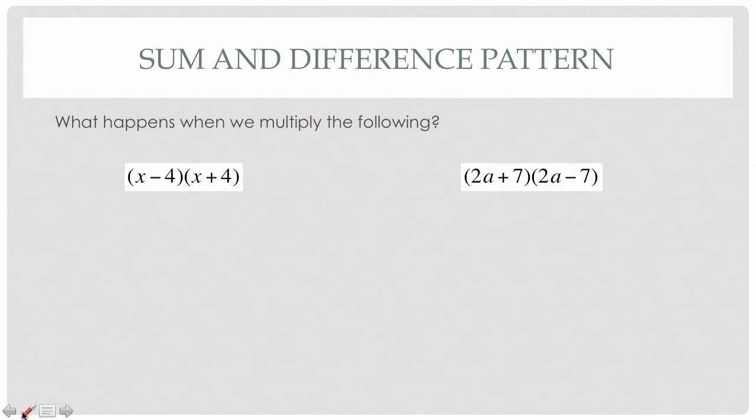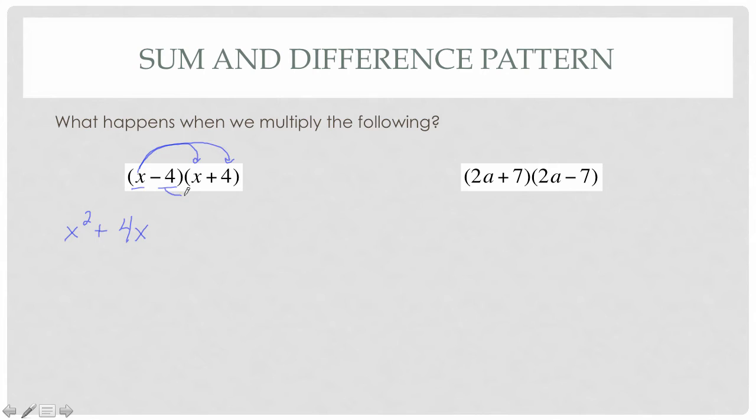You'll also see this case right here. Let's see what happens when we multiply this. We have x minus 4 times x plus 4. Let's use our distributive properties. We get x times x gives me x squared. X times the 4 gives me plus 4x. And now we move on to the next term.